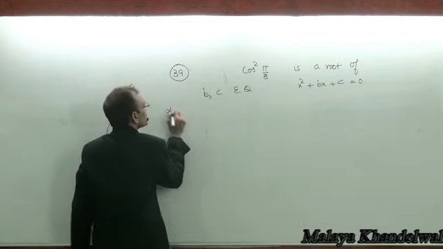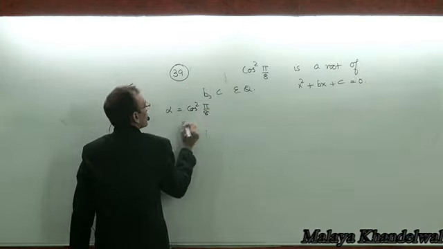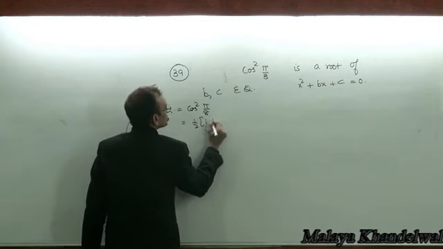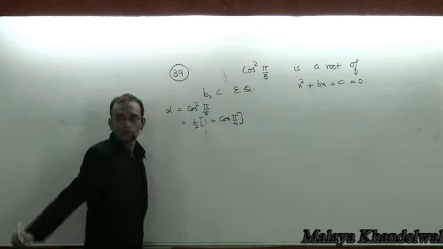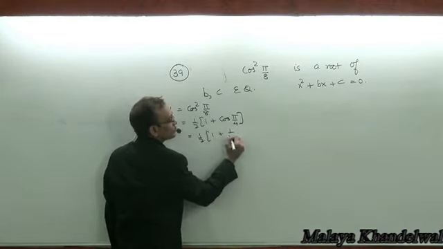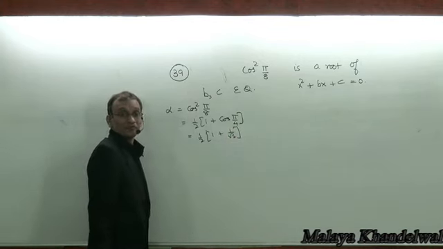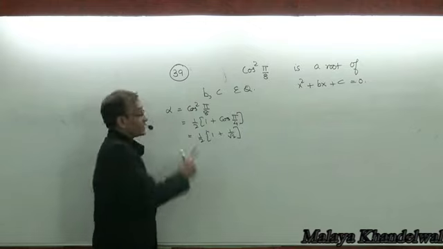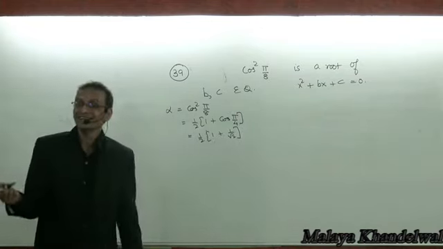So one root is cos square pi by 8, which is half of 1 plus cos pi by 4, which is half of 1 plus 1 by root 2. So if coefficients are rational numbers, then irrational roots also occur in pairs.